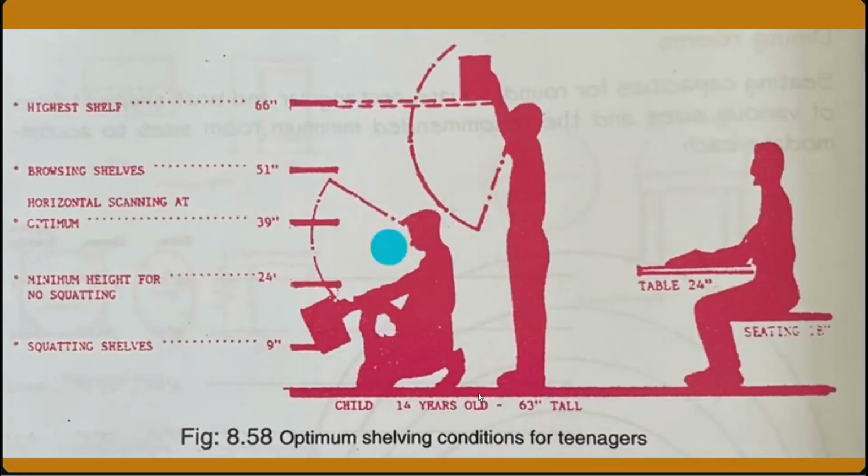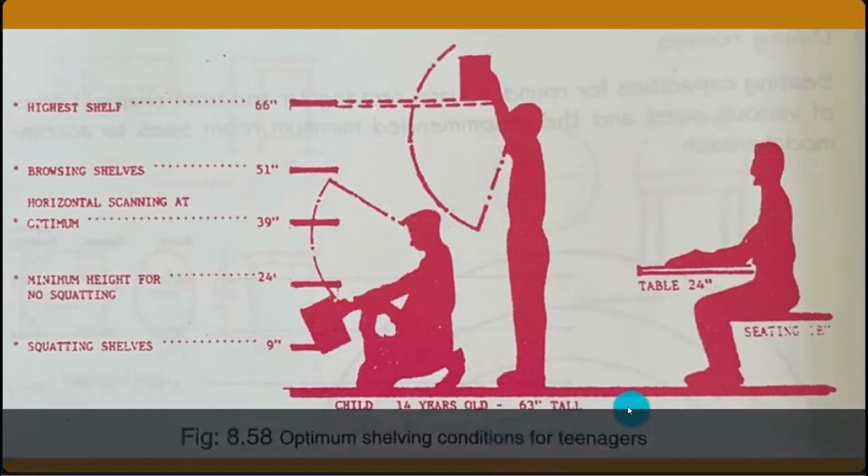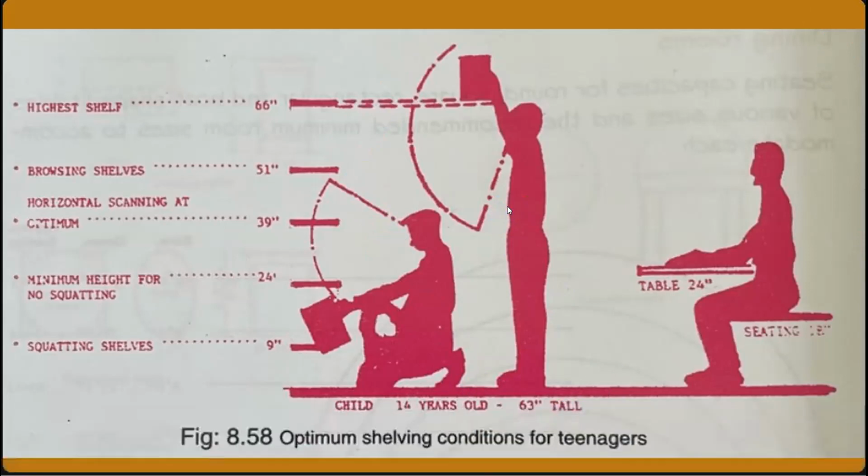So for teenagers who are 63 inches tall, the highest shelf can be at 66 inches, and browsing shelves at 51 inches, or scanning at an optimum of 39 inches. The table height should be 24 inches and sitting is 18 inches.